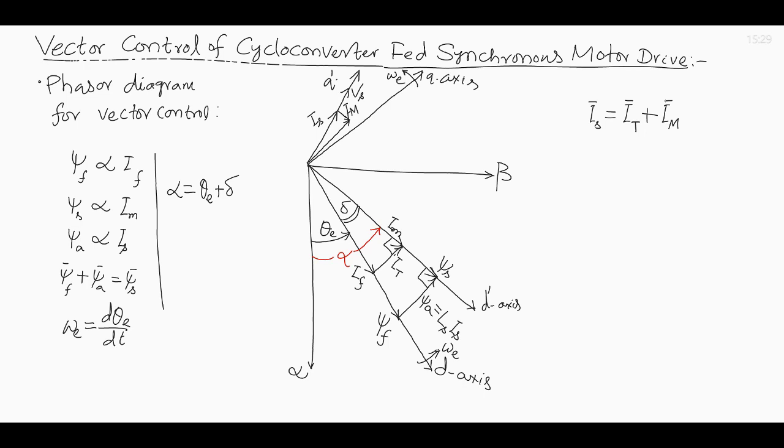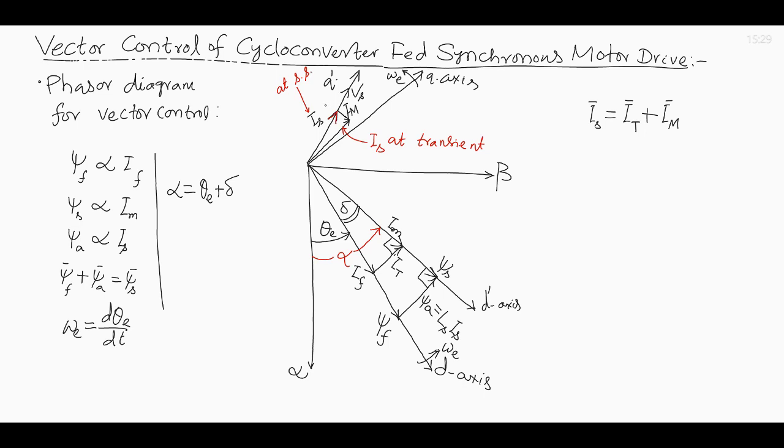So in this case, this is the stator current Is at transient, and this is the Is at steady state.